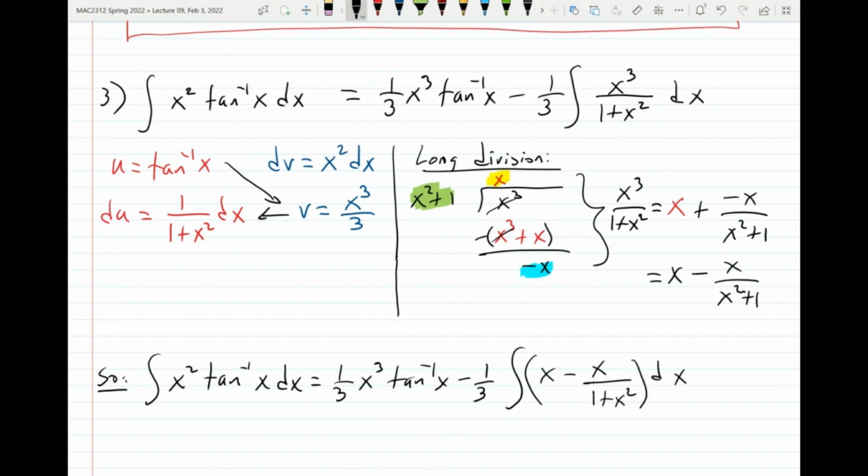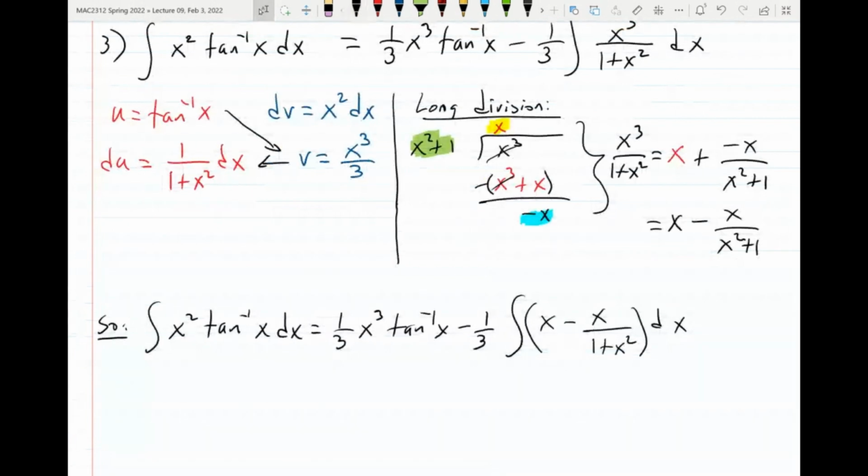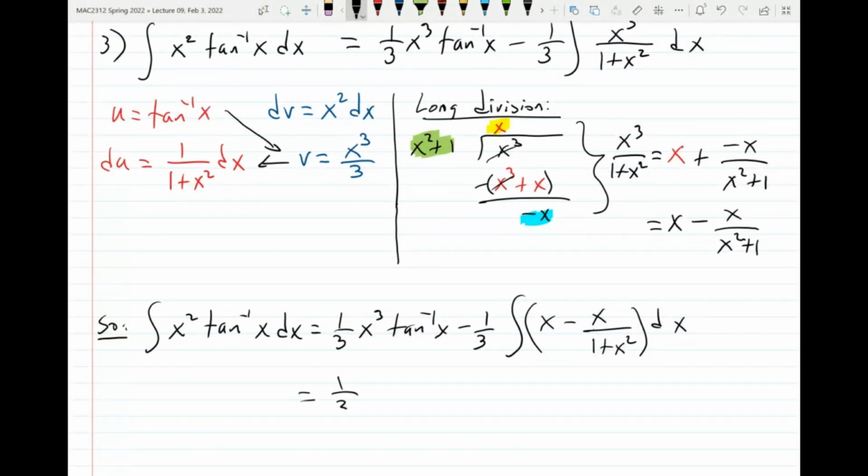I'm going to do that one with the little u sub. The first one is easy, right? The integral of x is x squared over 2. I'm going to distribute the negative 1 over 3, but let me just leave it like this. So the integral of x is x squared over 2 minus, now I'm going to integrate the other one.